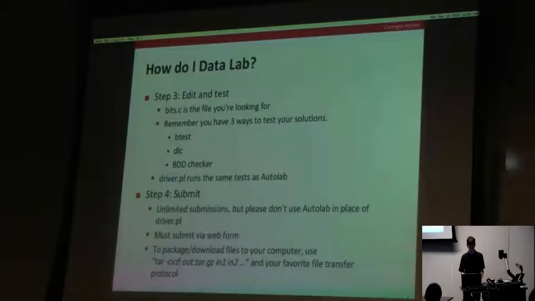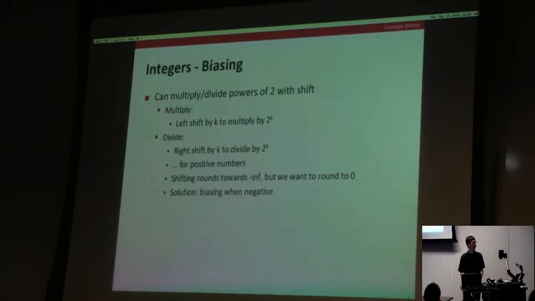OK. So now we're going to do a little bit of a review from class. You've been talking about data representation. And two of the things you've talked about are integers and floating points, right? They've talked about how we represent integers and floating points on modern computers. Integers are simpler than floating points.